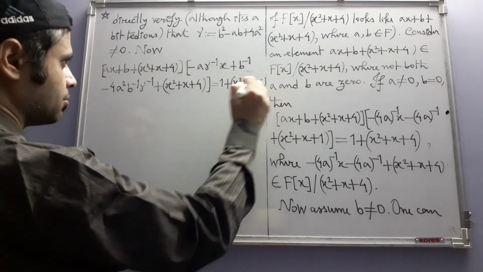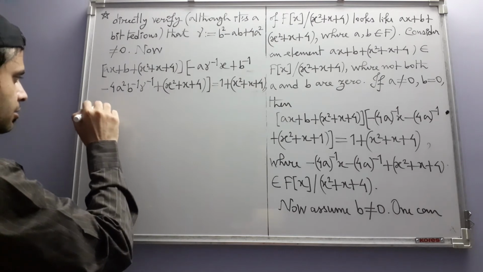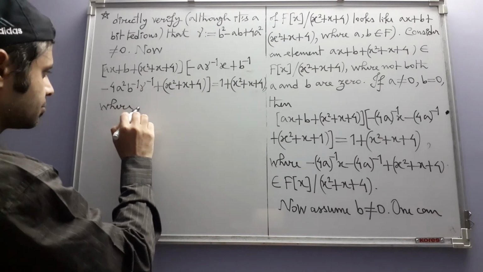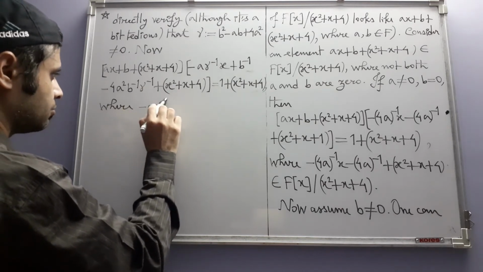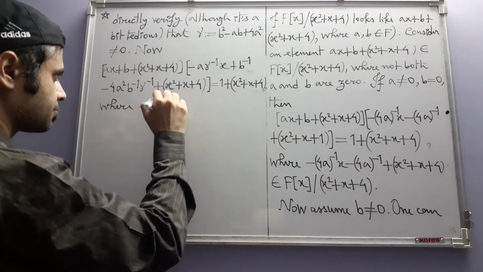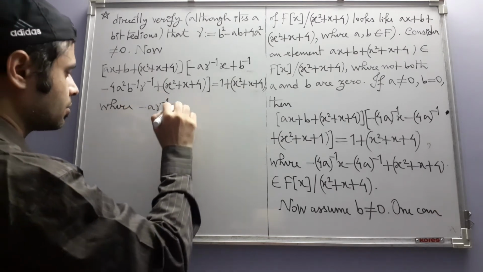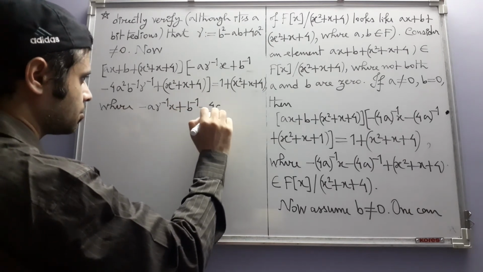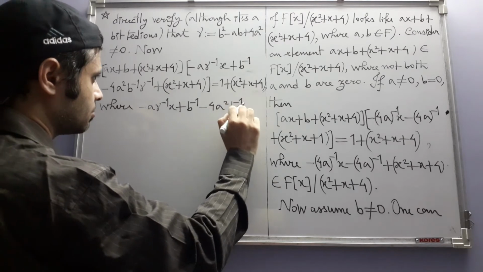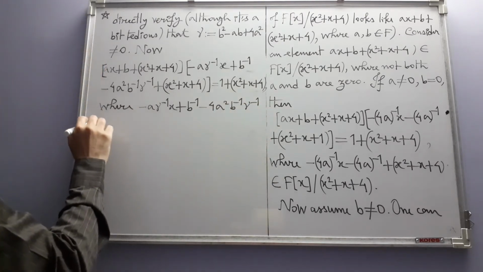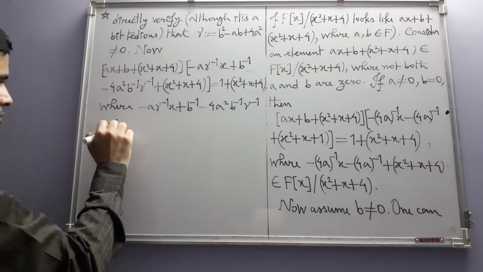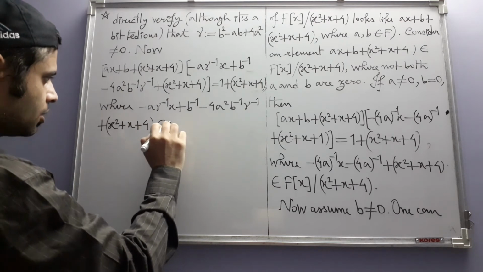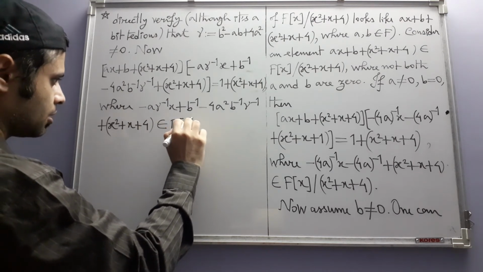Since we are mentioning that thing, that this again belongs to the ring, here also we mention that minus a gamma inverse x plus b inverse minus 4a square b inverse gamma inverse plus x square plus x plus 4 belongs to our quotient ring.